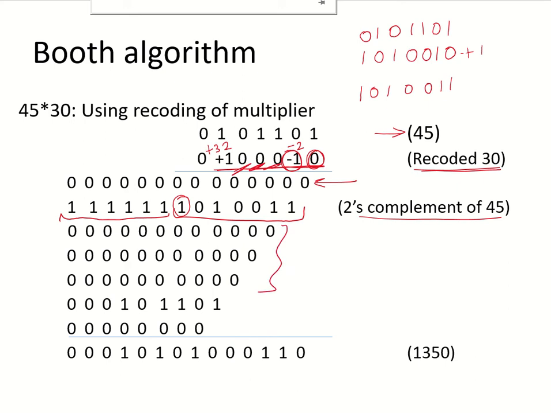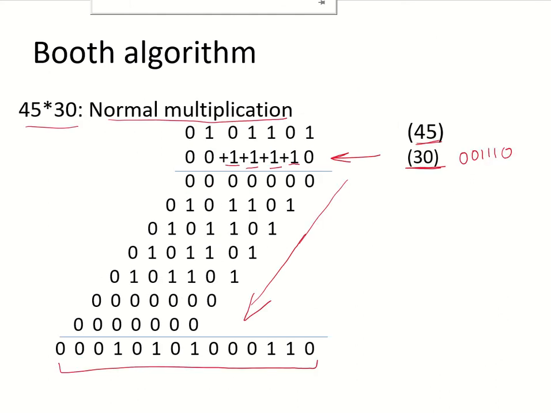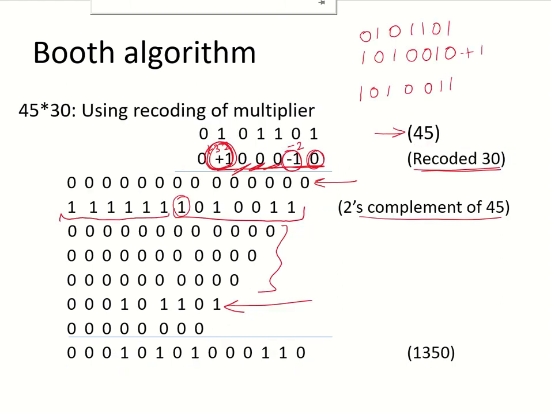When we come to this multiplier bit 1, again we are simply going to add a shifted version of 45. So we see that instead of adding the shifted multiplicand 4 times like we do in normal multiplication, here we are doing it only twice, and the only thing that also needs to be done is to take the 2's complement of 45.